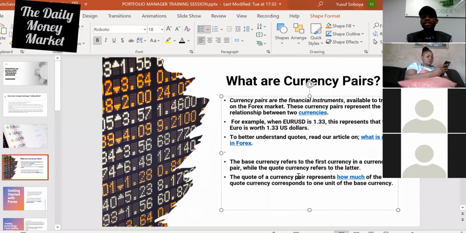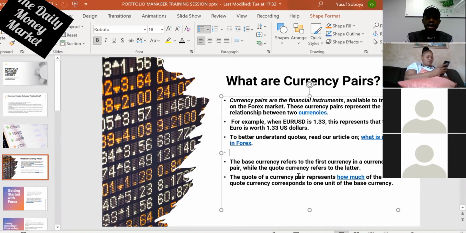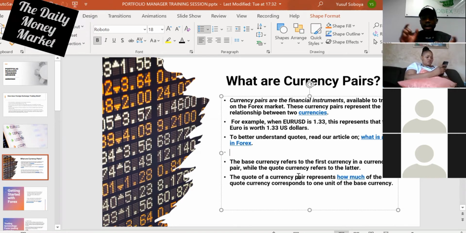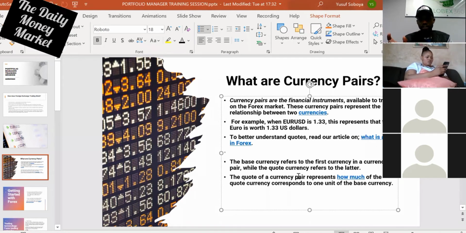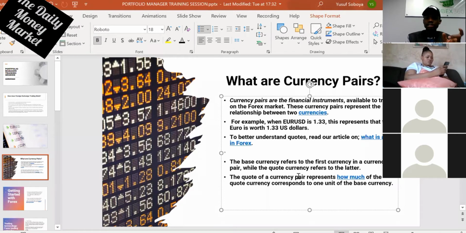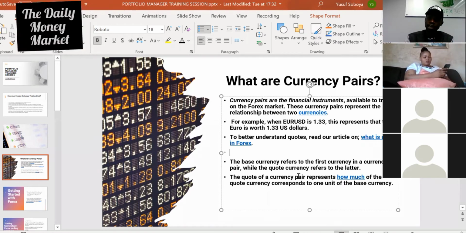These currency pairs represent the relationship between two currencies, as I showed earlier, one currency against a different currency, of two different countries, right?